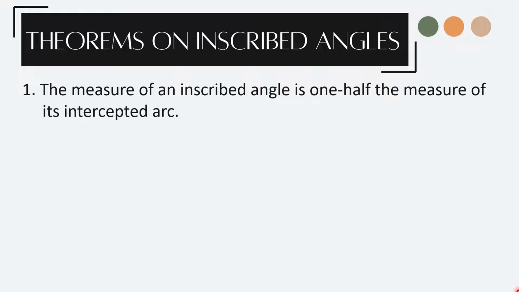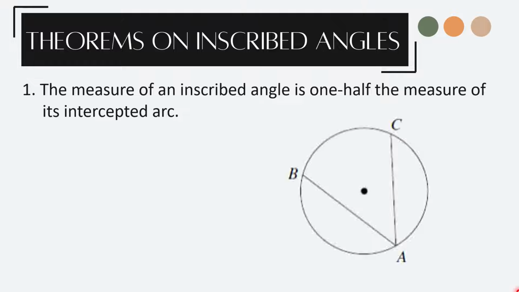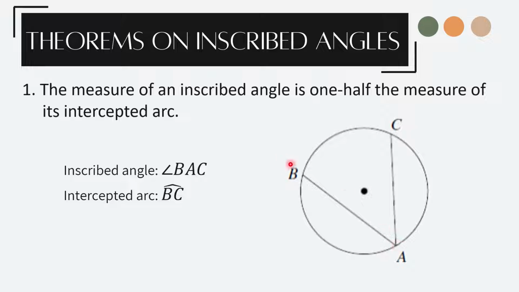First theorem states that the measure of an inscribed angle is 1/2 the measure of its intercepted arc. Let's take a look at this illustration, wherein the inscribed angle is angle BAC or CAB. And its intercepted arc is arc BC or CB.